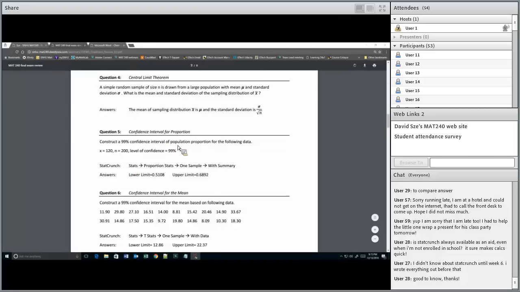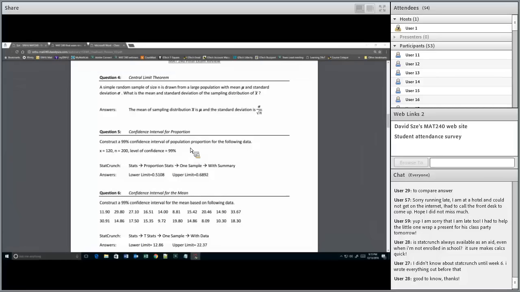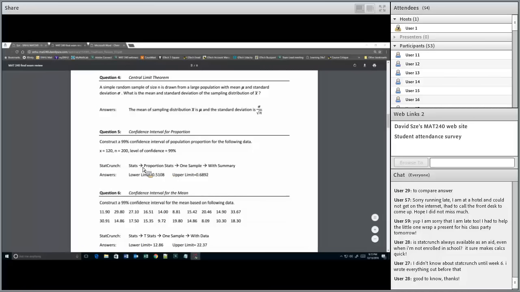But what you learned is pretty much how all these different packages work. Okay, anyway, so we have to construct this confidence interval. Now again, I'm going to remind you that I'm not going to go over the equations, because they're covered in the recorded lectures of how to do this manually. But here's how you do it in StatCrunch. So you have x is 120 and n is 200.